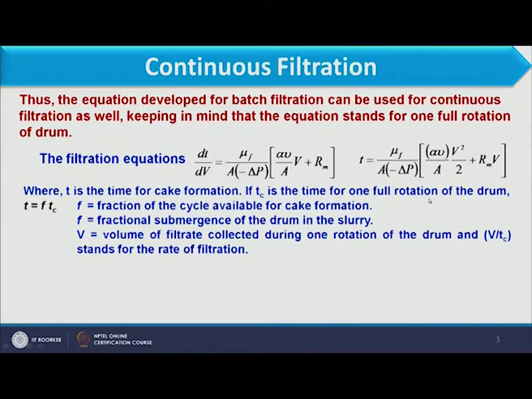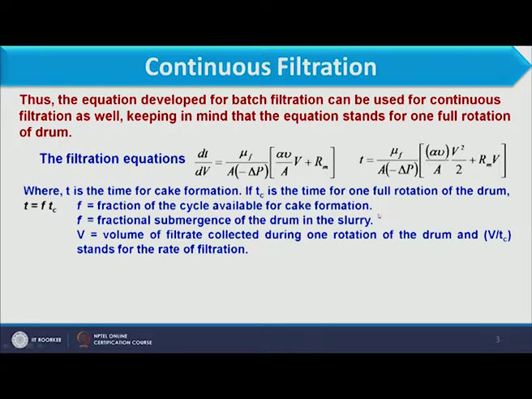So t is the time for cake formation, and if tc is the time for one full rotation of the drum, then we can correlate t, the time of cake formation, as equal to F times tc.